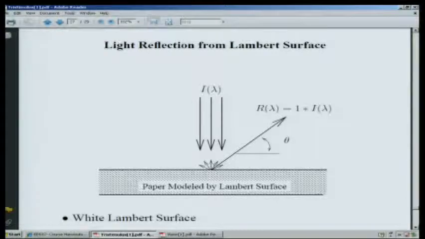So those two things cancel out, and the upshot is that for a perfect Lambertian surface, which is what happens if light goes into a very powdery surface, it goes in and bounces around and is completely randomized in its direction, the visual intensity of the surface is invariant to the angle.